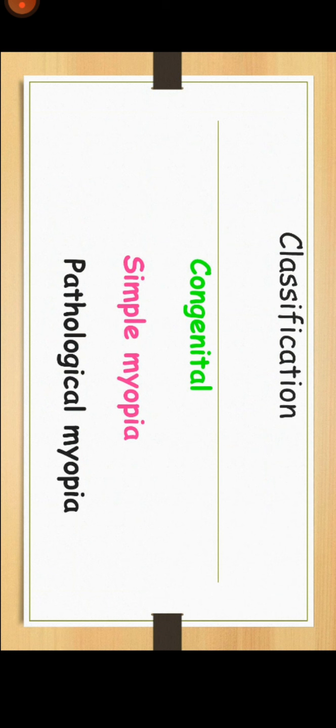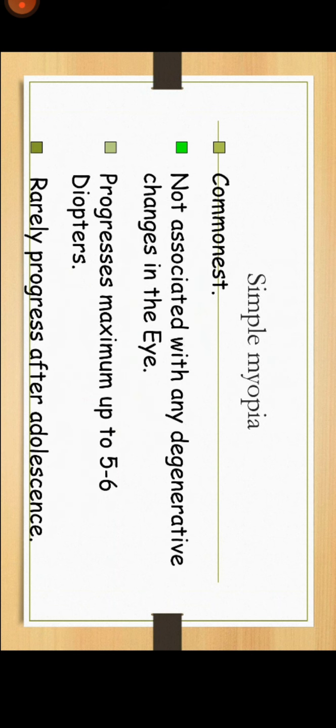These are congenital. We have already told about myopia: congenital simple myopia, then pathological myopia. Congenital myopia is not associated with any degenerative changes in the eye. The progress is maximum up to 5 to 6 diopters. Simple myopia.